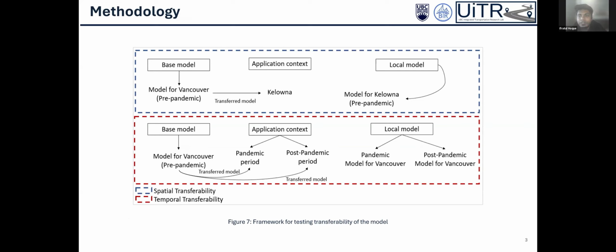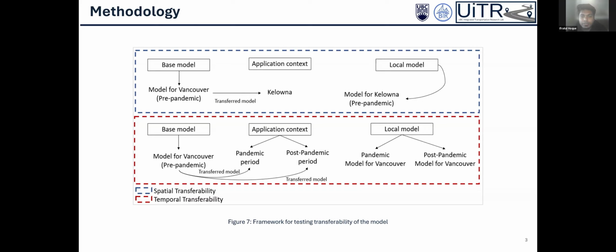And to check if the model is actually transferable or not, we also have developed a local model for the same time period in Kelowna. So we can compare the model estimates and see if the model is actually transferable or not.